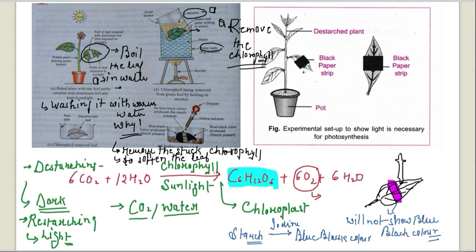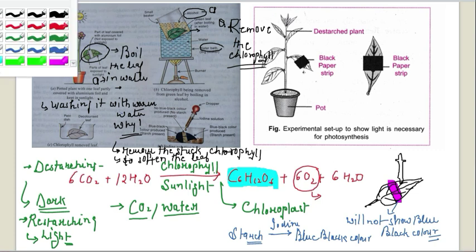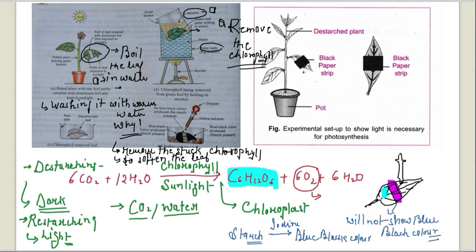The other regions, keep this one and this one, get the light, are exposed to the light, and will show the blue black color after pouring the iodine. So this shows that yes, sunlight is necessary for photosynthesis.